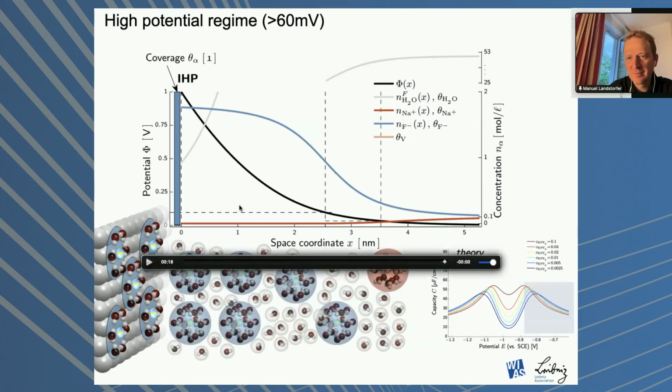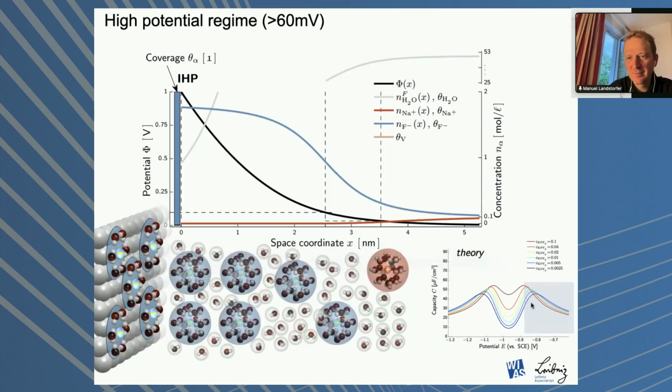This picture corresponds to the branch right of the capacity maximum. If you go from the left maximum towards minus infinity, you will find the image just twisted, with cations here.